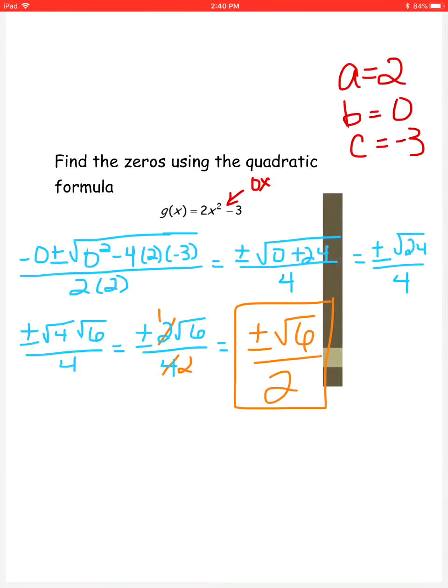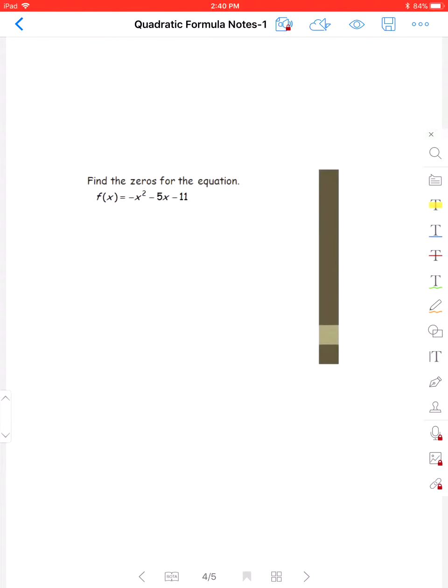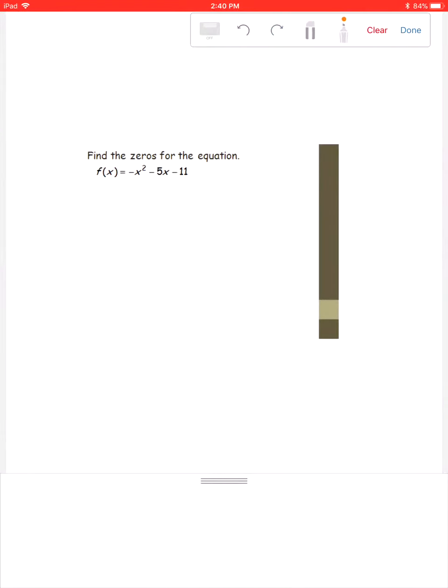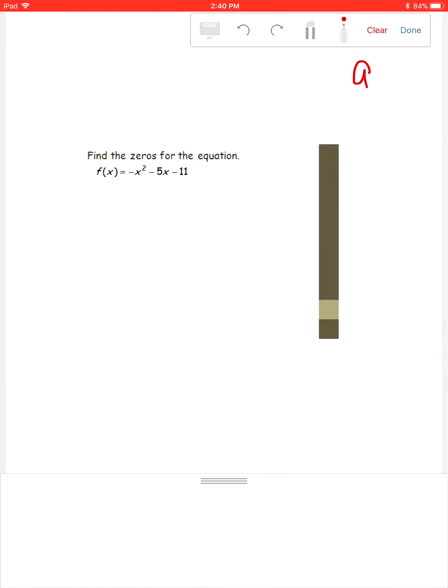Okay, next example. I have f of x equals negative x squared minus 5x minus 11. So identifying a, b, and c, I get a equals negative 1, b equals negative 5, c equals negative 11.